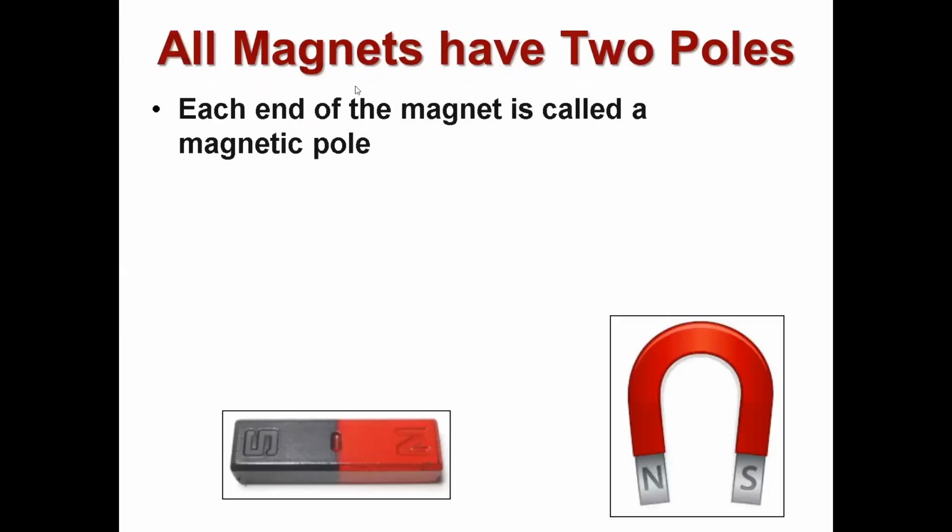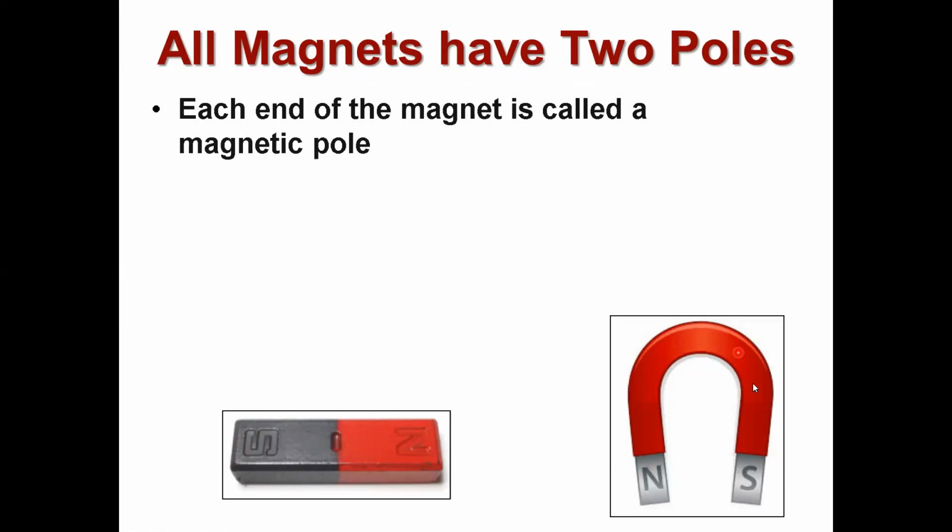Now, the first property is that all magnets have two poles. Where are the poles? The poles are at the ends of the magnet. Here, as you see, this is the first type of magnet, and at its ends we have the magnetic poles, south and north.